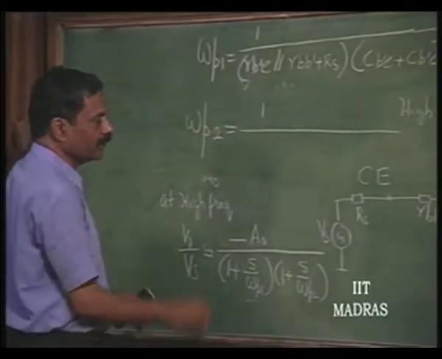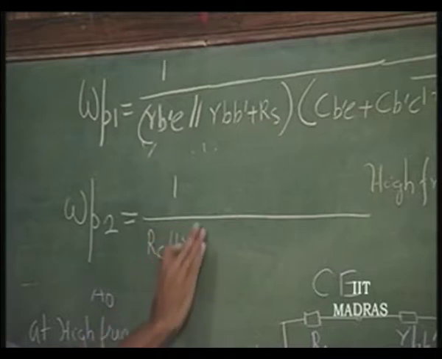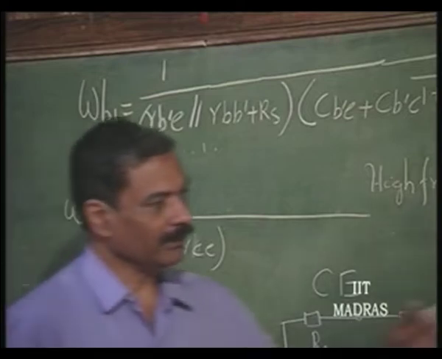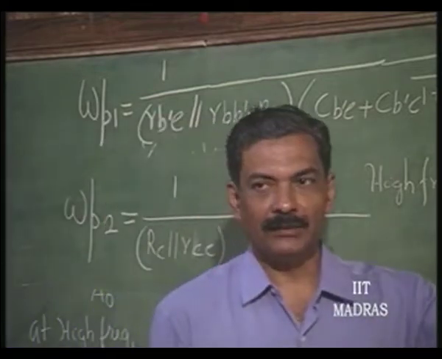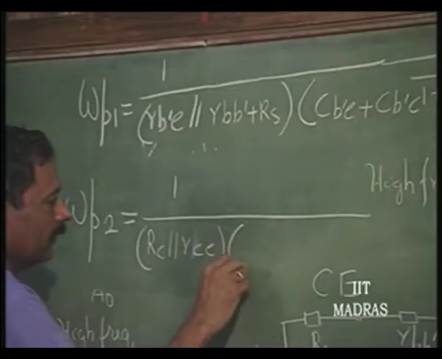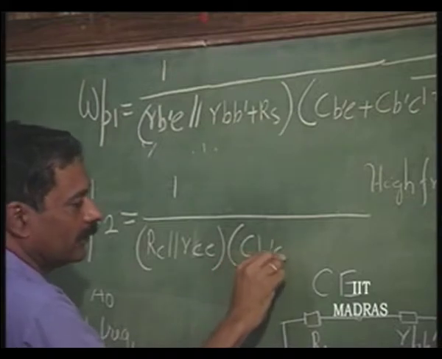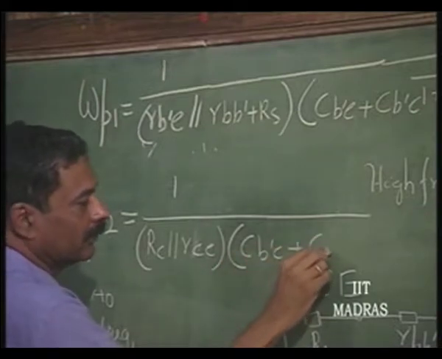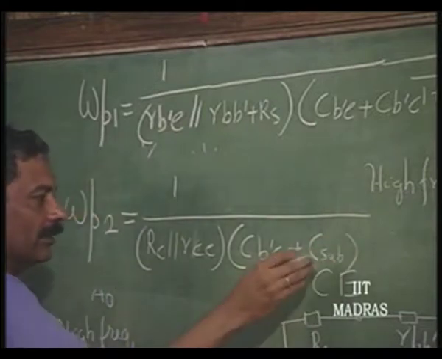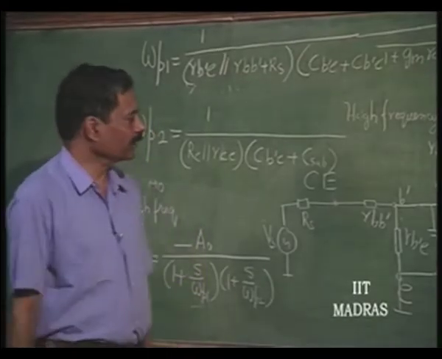Effective resistance is simply Rc parallel Rce, and effective capacitance is Cb dash c plus C substrate, also called C stray, any stray capacitance that comes.